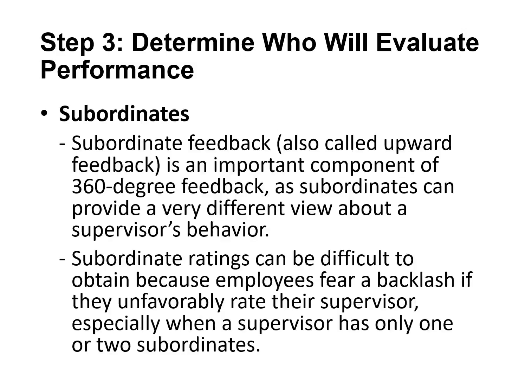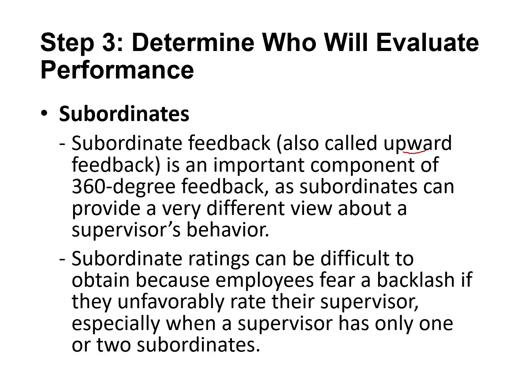Okay, and another source of information in the 360-degree feedback is the feedback coming from your subordinate, also known as upward feedback. Okay, however, subordinate ratings may be difficult to obtain because employees fear a backlash from their supervisors, specifically if you rate them very poorly.